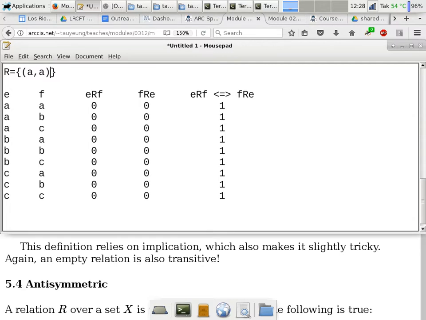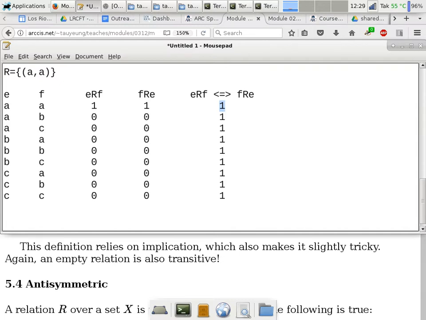What do I have to change in the table? I've got to change one row, right? A relates to A. Change this to 1. So now the question is, should I change this one?